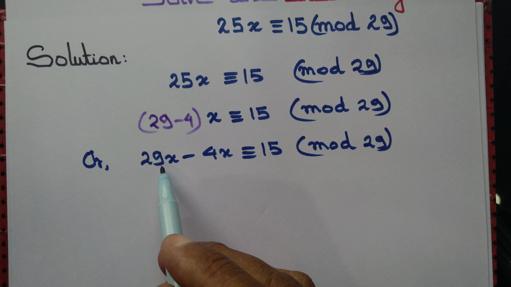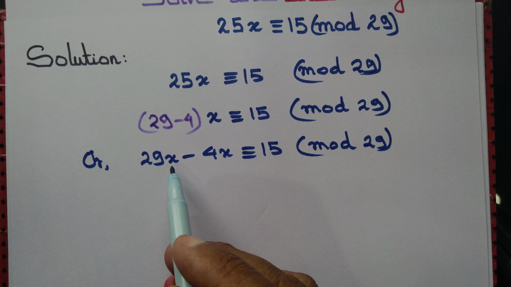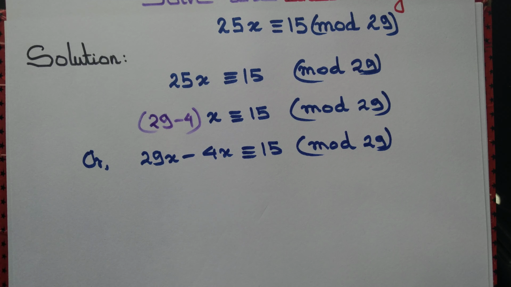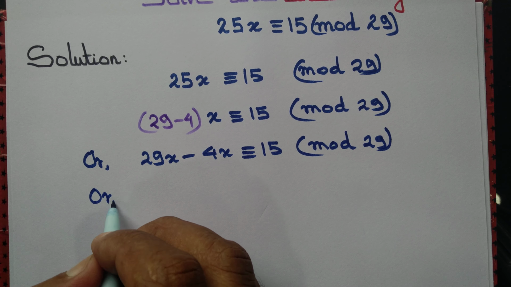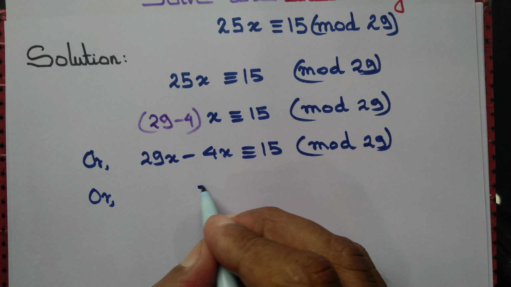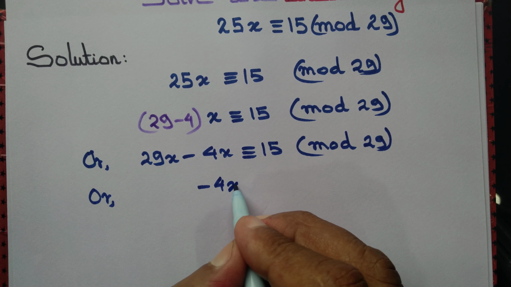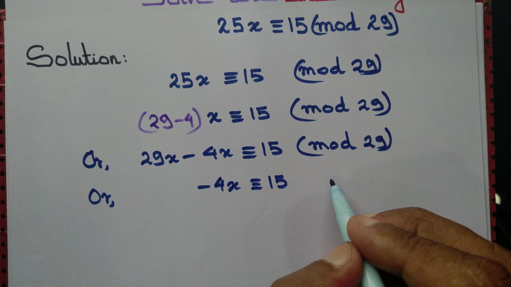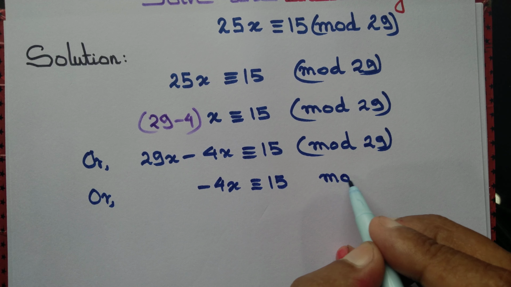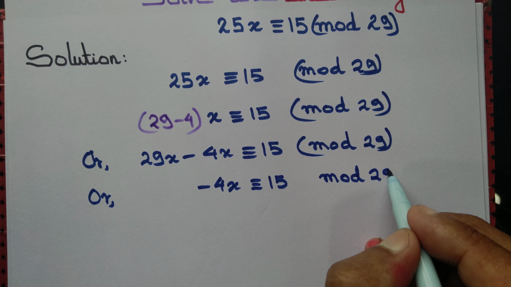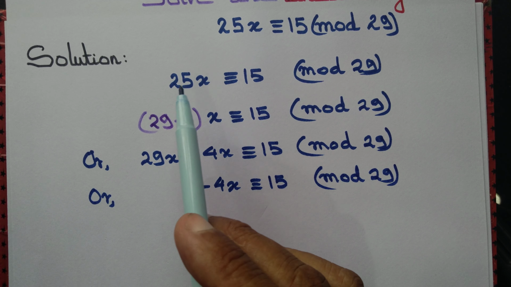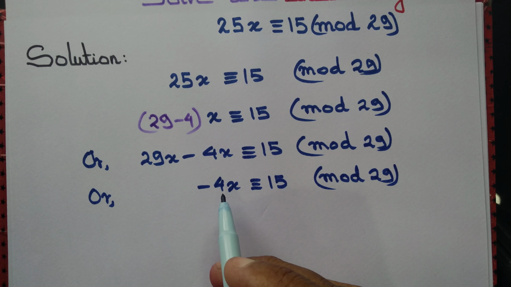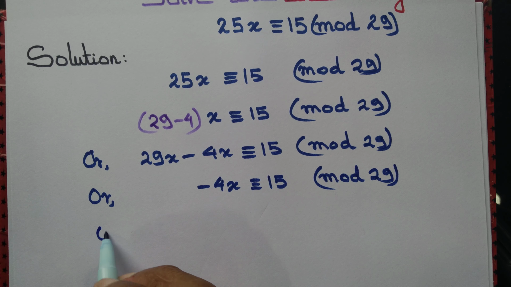That's definitely 29x is divisible by 29, so we don't have to worry about it. We can say that we just want an integer x such that minus 4x is congruent to 15, or minus 4x plus 15 is divisible by 29. Okay, we did reduce the number 25 to just minus 4.